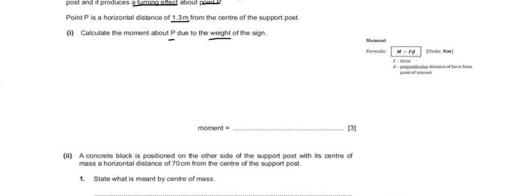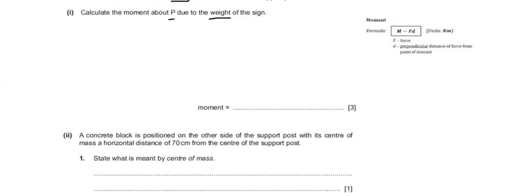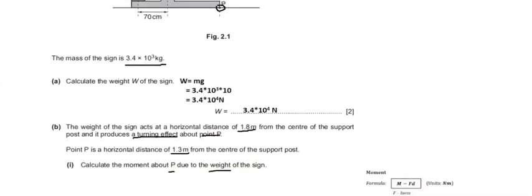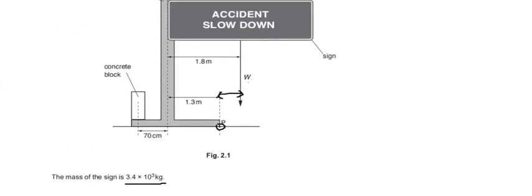Moment is force multiplied by d, that is the distance. So d is the perpendicular distance of the force from the point of interest. Here weight is just like a force, and the distance of this force from this point P is nothing but 1.8 minus 1.3.